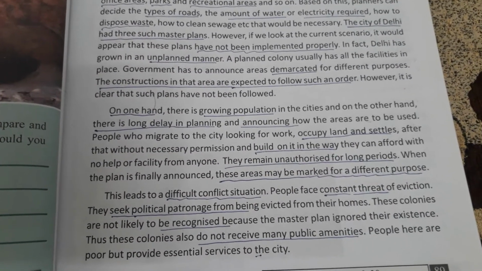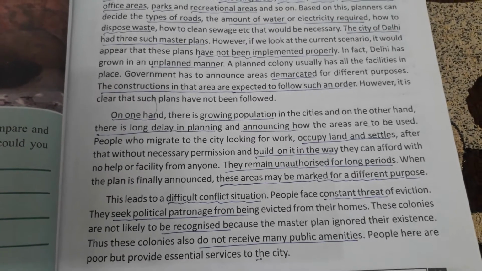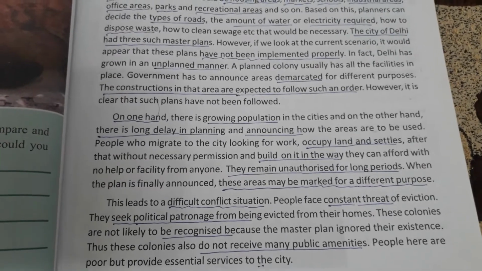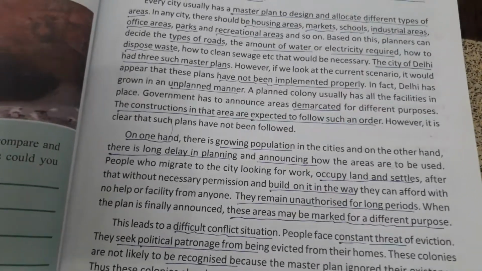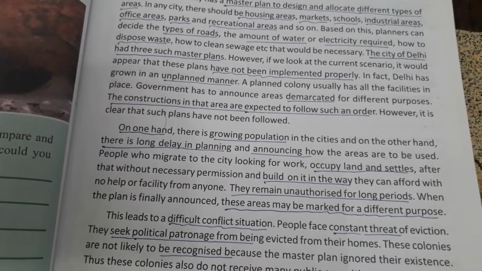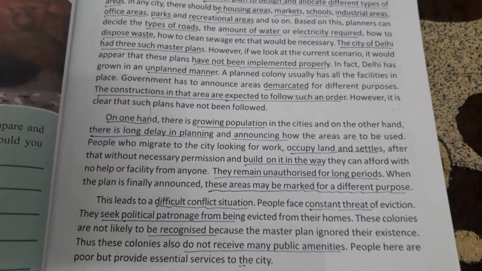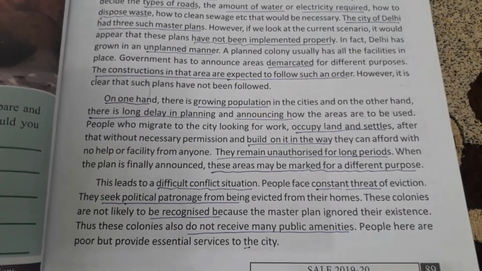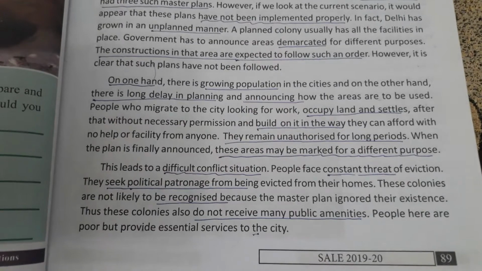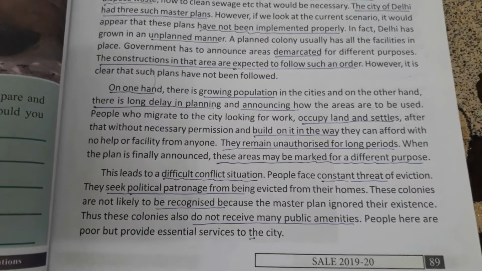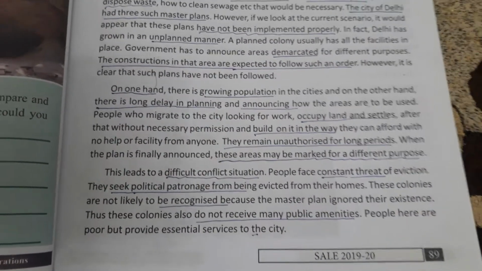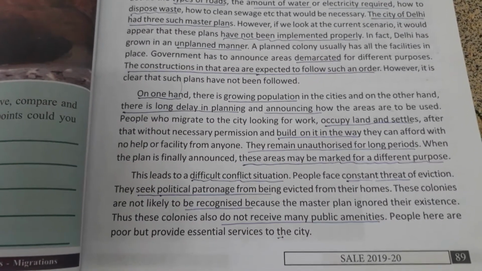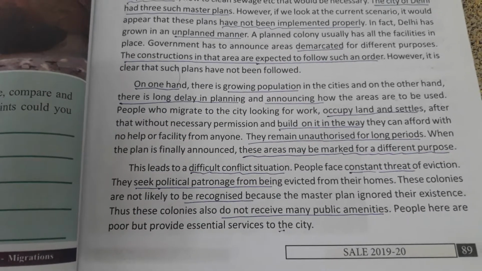That's why water was unable to be stored, because we faced the floods in Hyderabad. So like that, people face constant threat of eviction. These colonies are not likely to be recognized because the master plan ignored their existence. Thus these colonies also do not receive many public amenities like drinking water, drainage system, roads, electricity.